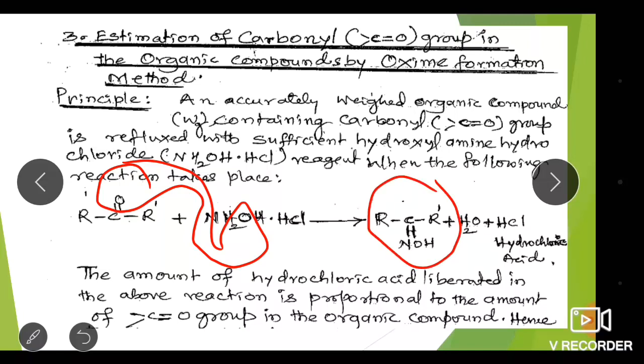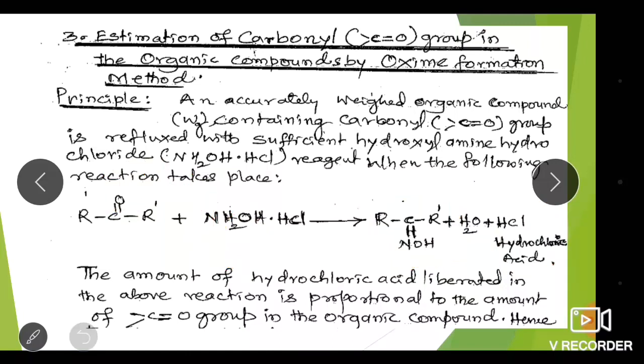The amount of hydrochloric acid liberated as a side product in the above reaction is proportional to the amount of carbonyl group in the organic compound. So whatever HCl is liberated is directly proportional to the amount of carbonyl group present in the given organic compound.